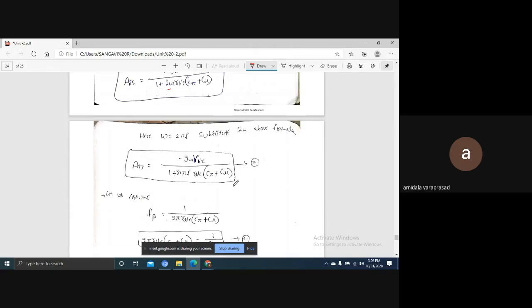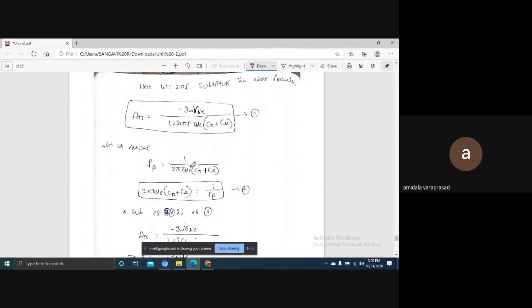Let us assume f beta is equal to 1 by 2 pi RB dash e into (C pi plus C mu). From this, 2 pi into RB dash e into (C pi plus C mu) is equal to 1 by f beta.